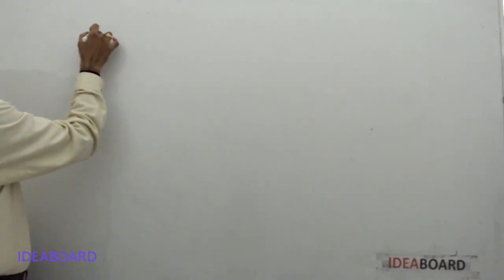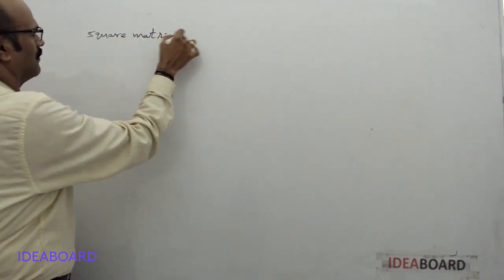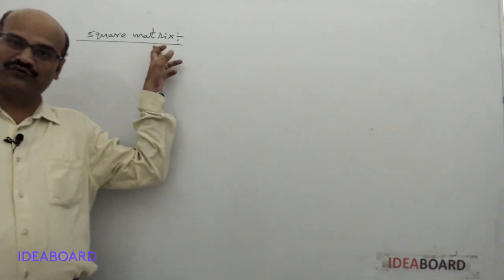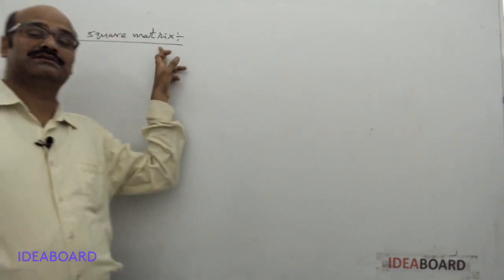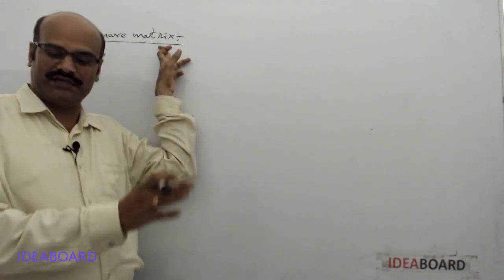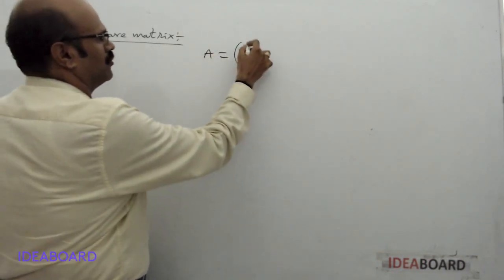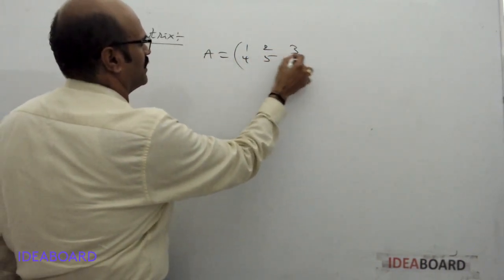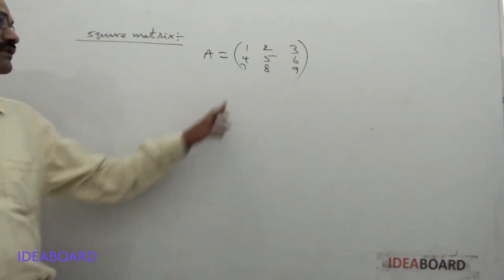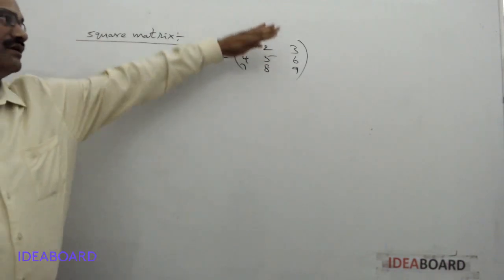Next one, square matrix. A matrix in which the number of rows is equal to the number of columns is called a square matrix. Now let me take a matrix A equal to 1, 2, 3, 4, 5, 6, 7, 8, 9. Here the number of rows equal to 3.